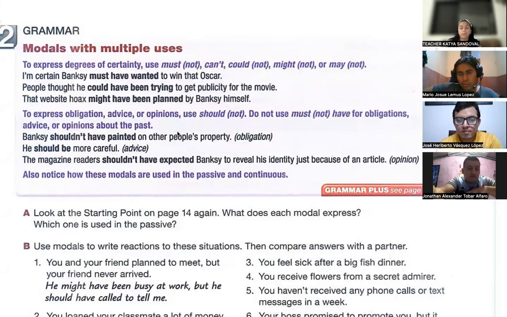Number 5: you haven't received any phone calls or text messages in a week.